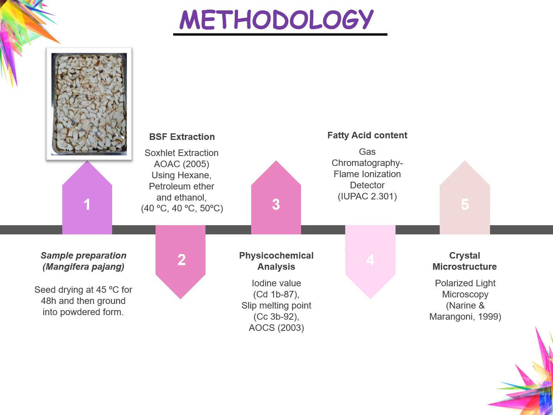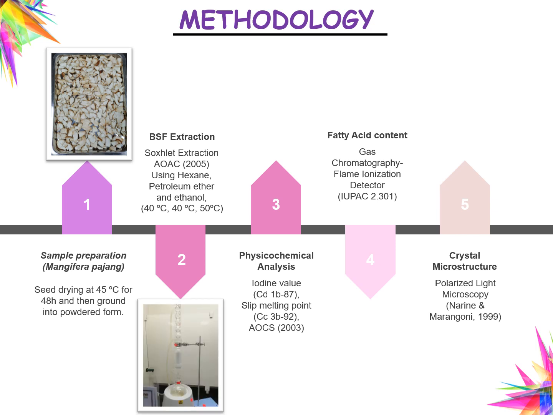When the sample was ready, the Bambangan seed fat was extracted using a Soxhlet extractor with 3 different solvents, which are hexane, petroleum ether, and ethanol, at 40 and 50 degrees according to the boiling point.